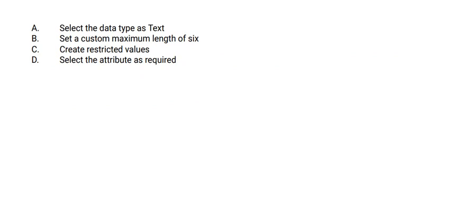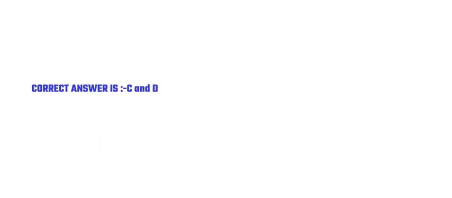Option B, set a custom maximum length of 6. Option C, create restricted values. And option D, select the attribute as required. The correct option is option C and D.